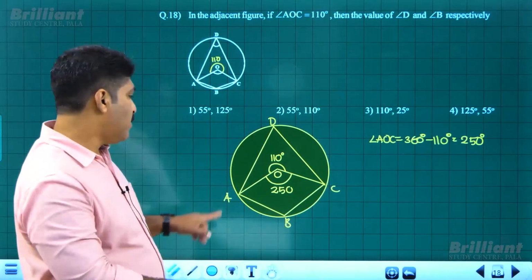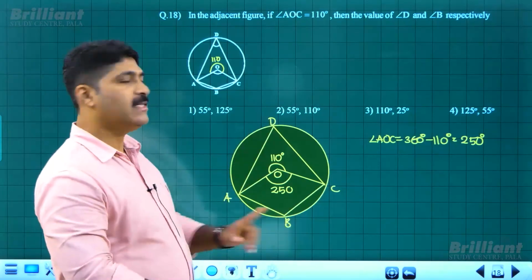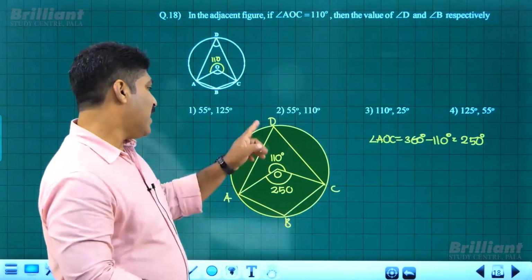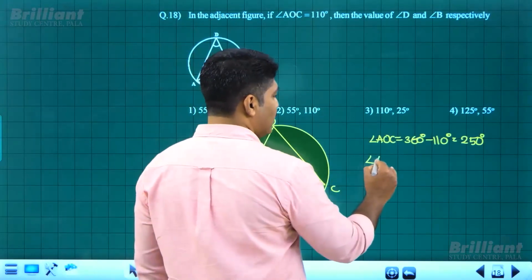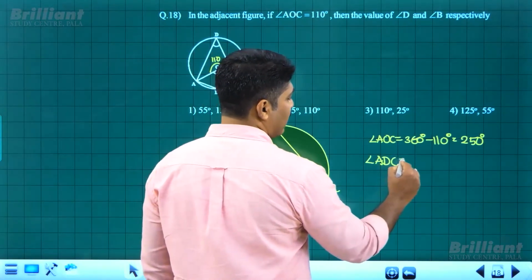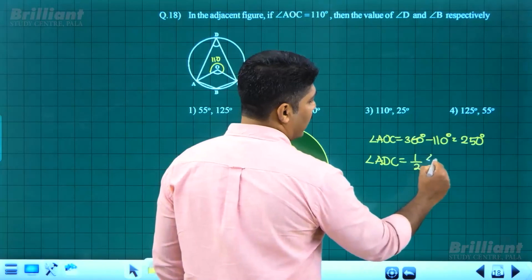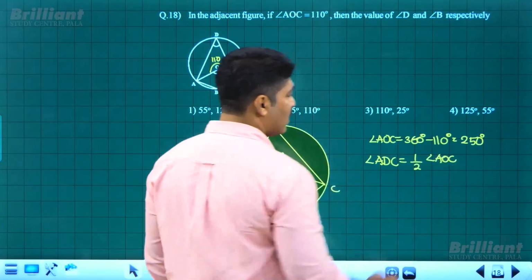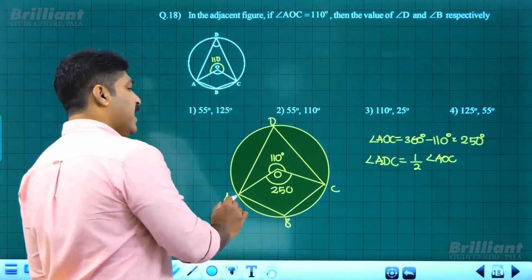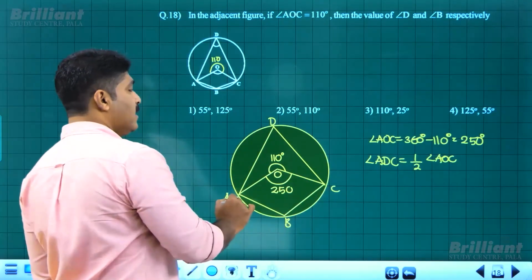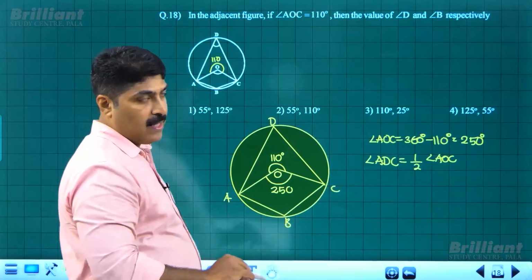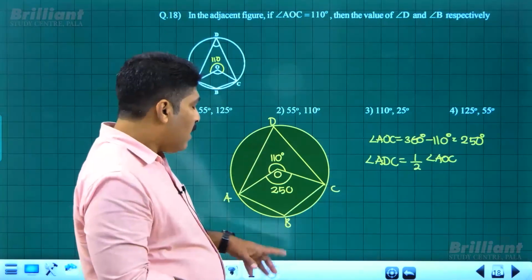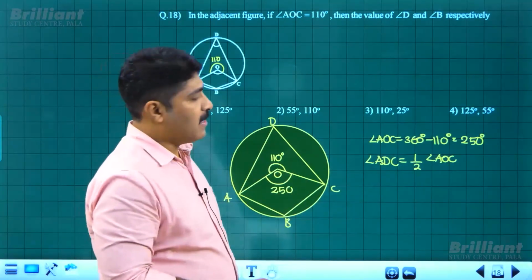So what's the relationship between angle AOC and angle ADC? This angle ADC is our required angle D. So that is half of angle AOC. That's the central angle property. The angle inscribed in an arc is exactly half the central angle of that arc.